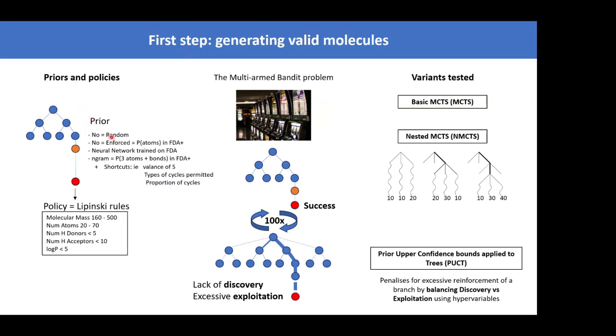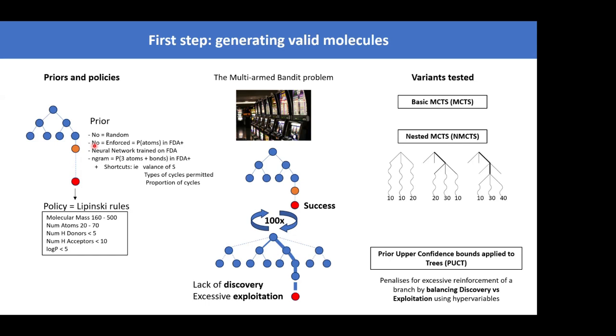The first choice was no, we don't provide any, and we let the program generate molecules totally randomly. The second one is no, but we still enforce the probability of appearance of atoms, so carbon versus nitrogen versus chlorine versus oxygen, as present in the FDA compounds.